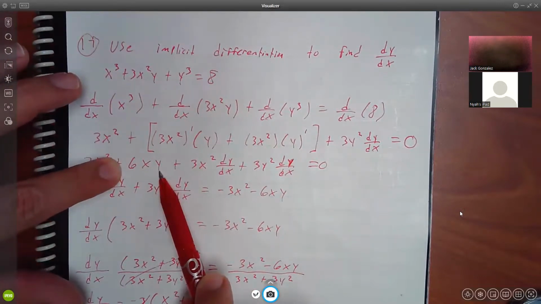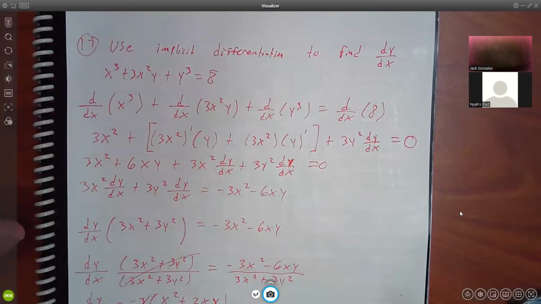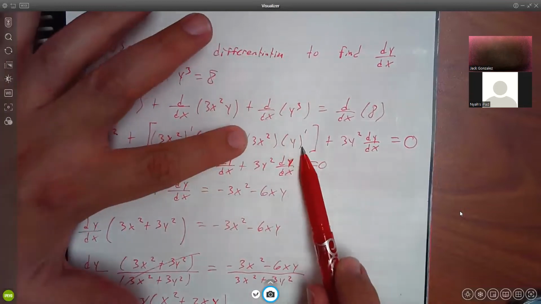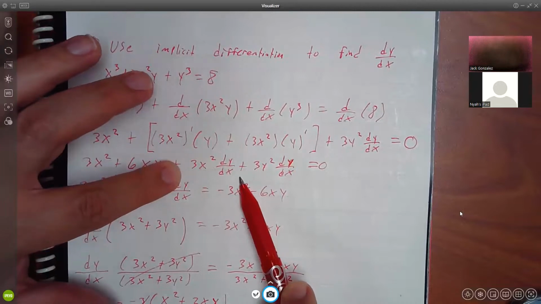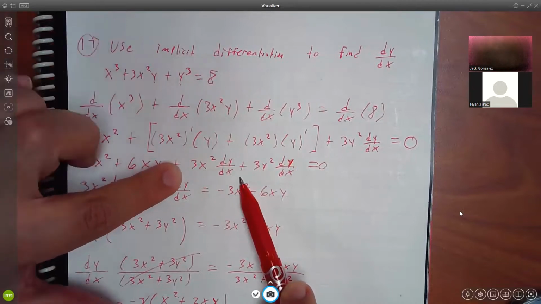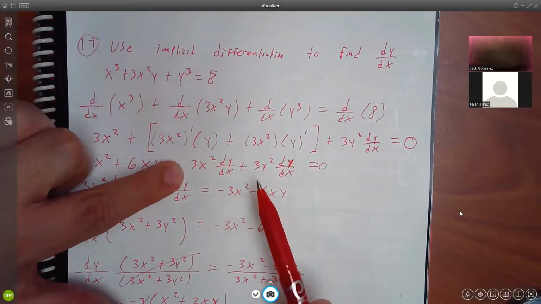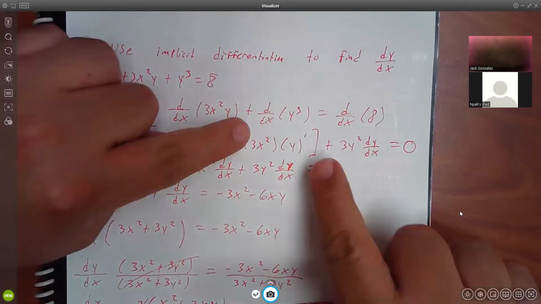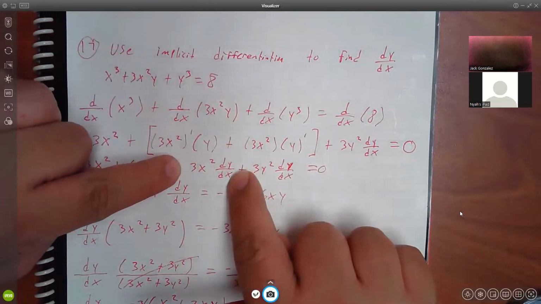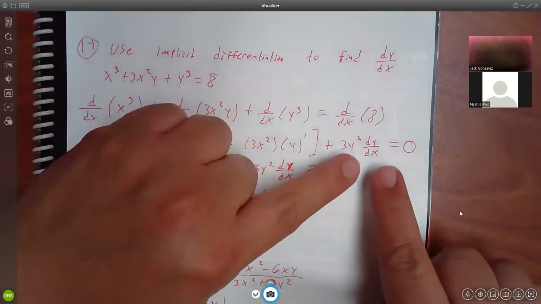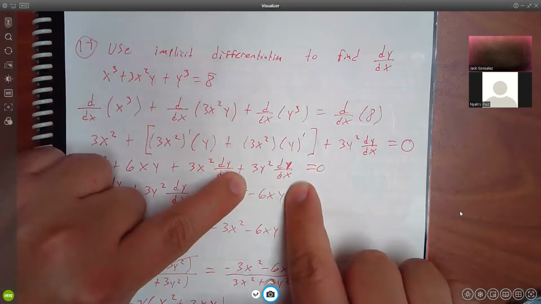Oh, you moved. Okay. So that's this 3x squared here. So derivative of y is 1 times dy dx. So we got this. This part, it just came down here.